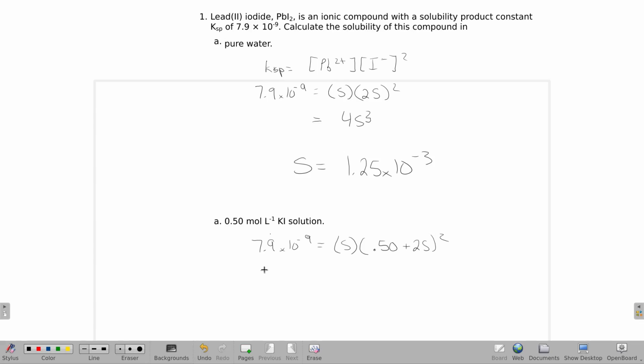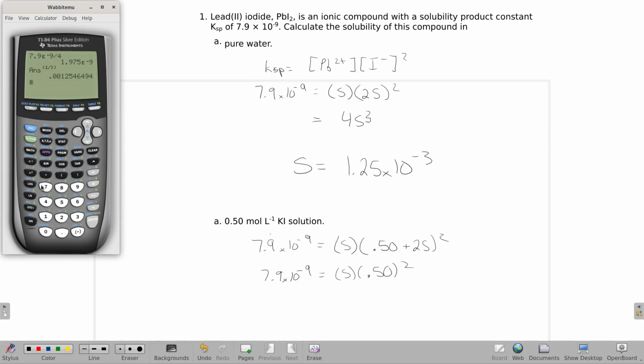So we're going to try an assumption where we just assume that the 0.5 is so big that we can ignore the S, at least for the iodide. And if that is the case, let's see what we get. 7.9 times 10 to the negative ninth, and I'm going to divide that by 0.5 squared, and I get an S of 3.16 times 10 to the negative eighth.